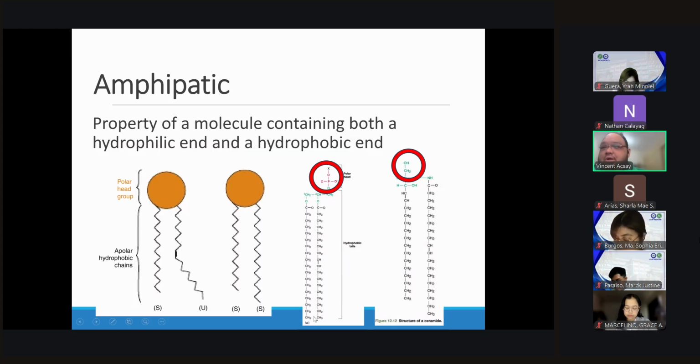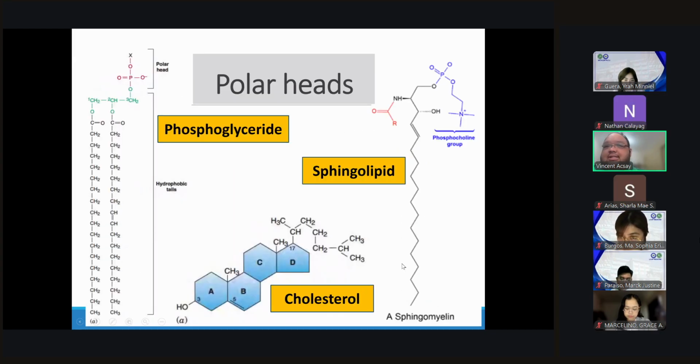So your two hydrophobic tails are attached to carbon 1 and carbon 2, plus your polar head attached to carbon 3. Hence, it looks similar to the structure of a head with two tails. The same with your ceramide or your sphingolipid, where you have a polar head with two non-polar tails.